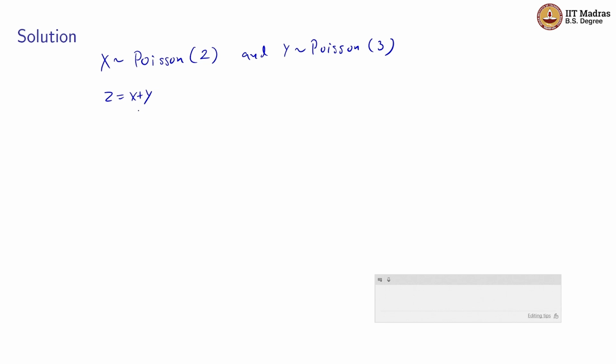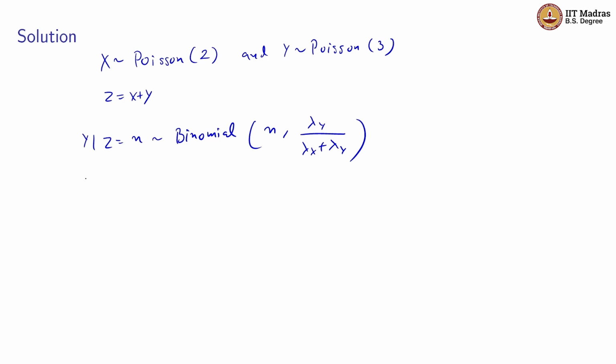So in this scenario, when x is following Poisson distribution, y is following Poisson distribution, and z is equal to x plus y, the conditional distribution of y given z is equal to n will follow binomial distribution with parameters n and lambda of y divided by lambda of x plus lambda of y.